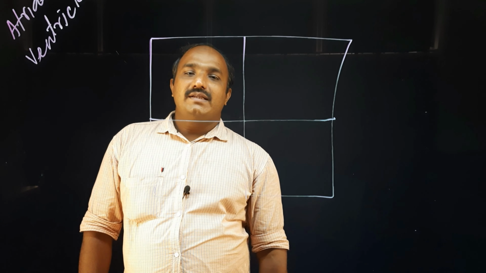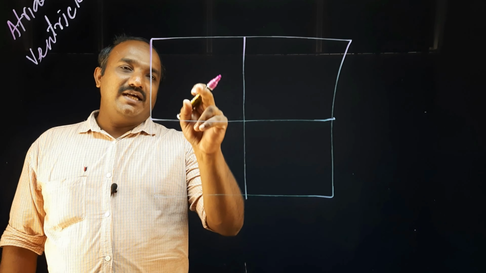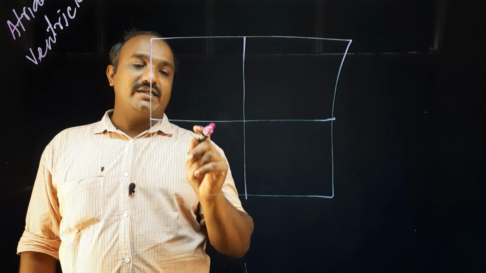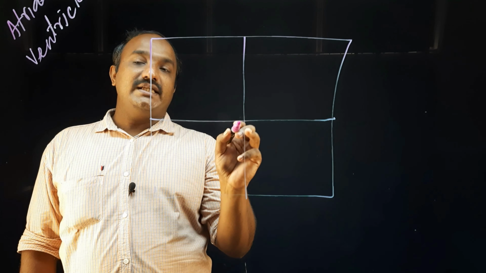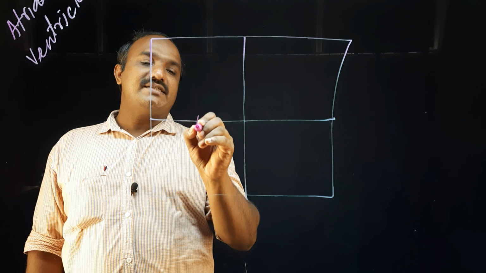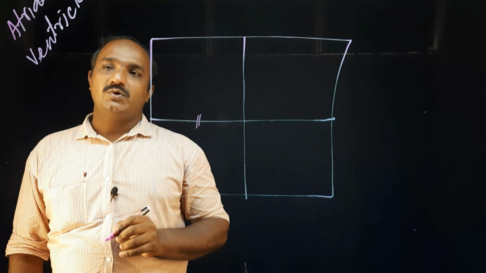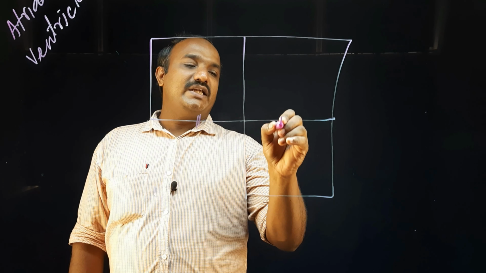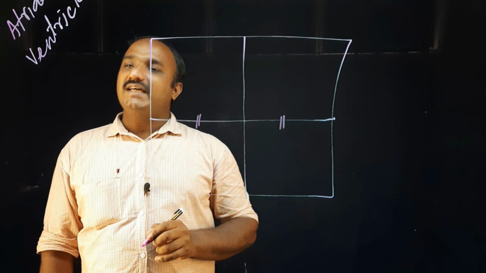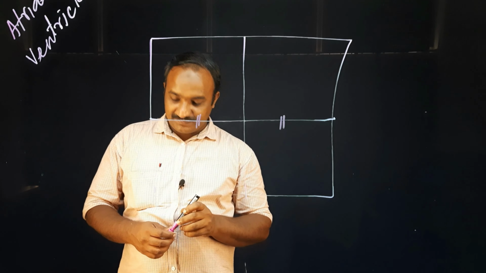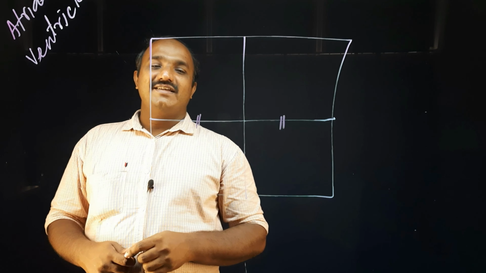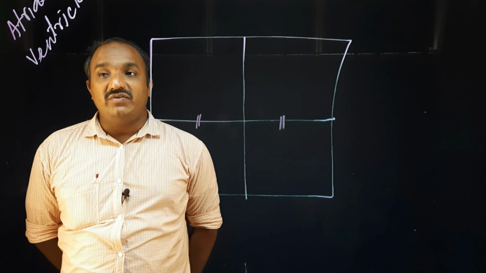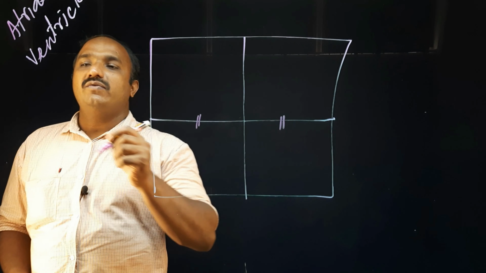Then, listen very well, between the right atrium and right ventricle there is no hole, but there is a valve. On the left side, between the left atrium and left ventricle, there is also another valve. These 2 valves together we will call the cuspid valve.